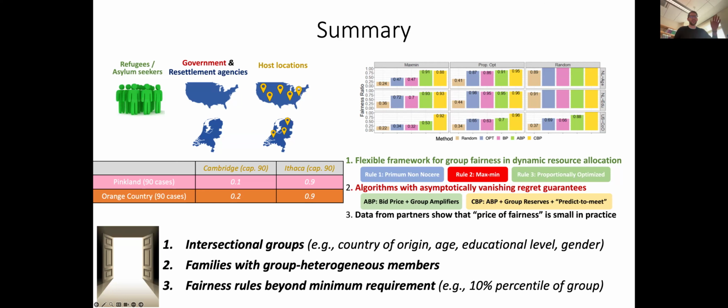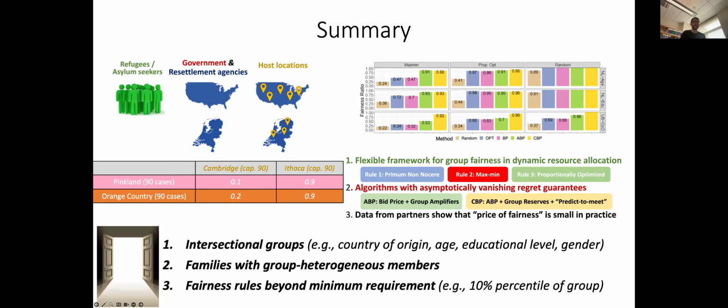You cannot say father and son go to one location, mother and daughter go to another location. But you do have intersectional groups. You may have a family where one part comes from one country of origin, another comes from another. Even more obvious with age and educational level. So the way we're defining these right now is effectively based on who filled out paperwork, but how to define group membership is actually not even clear.